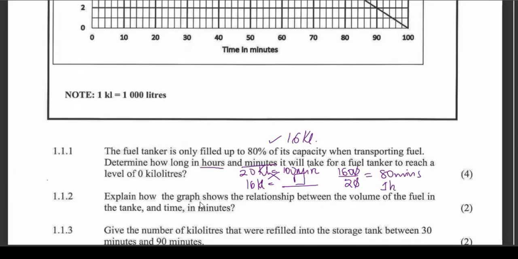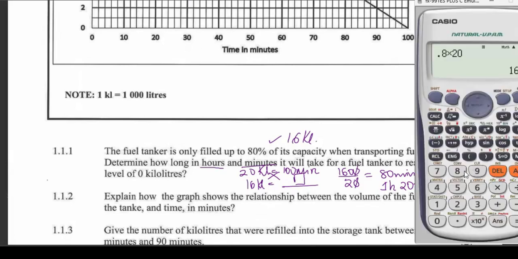So 1 full hour, and the remaining will be minutes. Otherwise, on your calculator, we've got 80 minutes. 80 minutes to hours, we divide it by 60, press equals. 1.3 recurring. So we press this, which is 1 hour, 20 minutes.